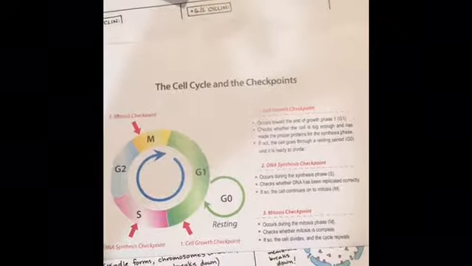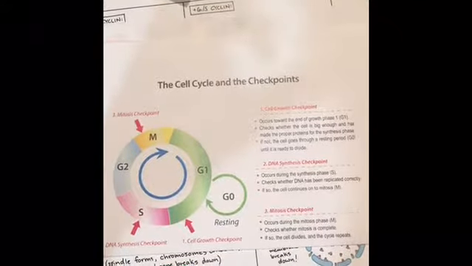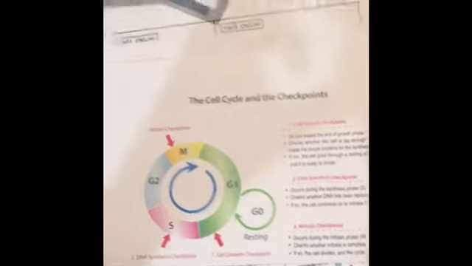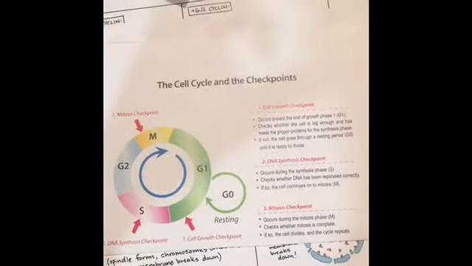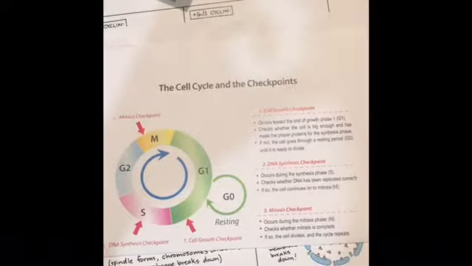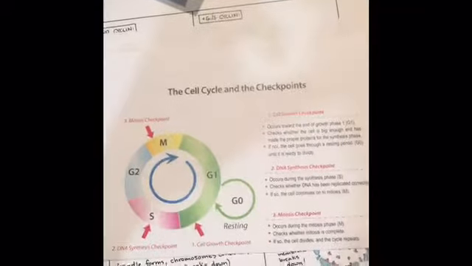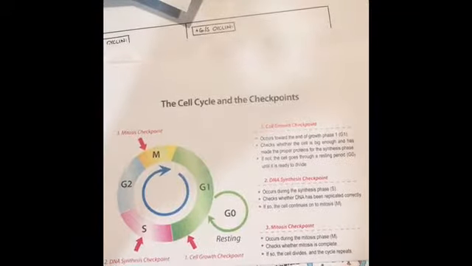So this is the most important because if it doesn't pass, it goes through apoptosis. The second one is during the S phase, and it's the DNA synthesis checkpoint to make sure that all the DNA has been replicated correctly.